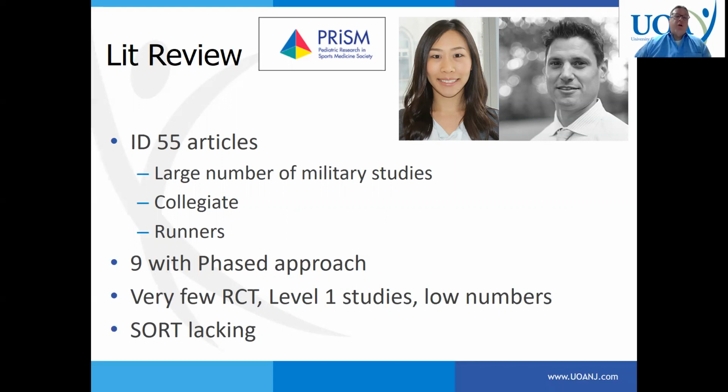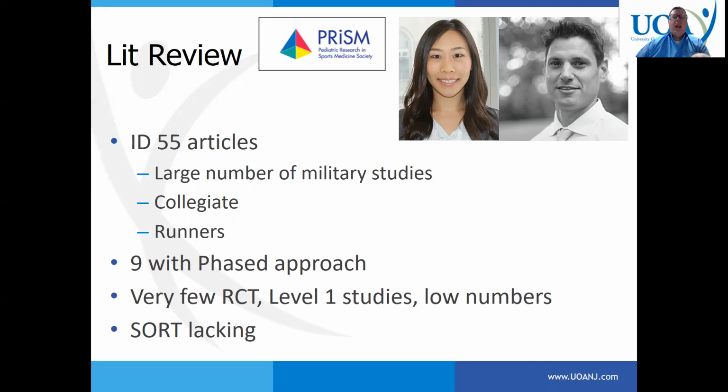Both of them are physical therapists, and we did a literature review trying to identify articles that specifically noted rehabilitation programs for adolescent athletes with tibial bone stress injury. In our search, we identified 55 articles that noted rehabilitation was important in the recovery process. Most of those were military or collegiate studies, or involved specifically runners.